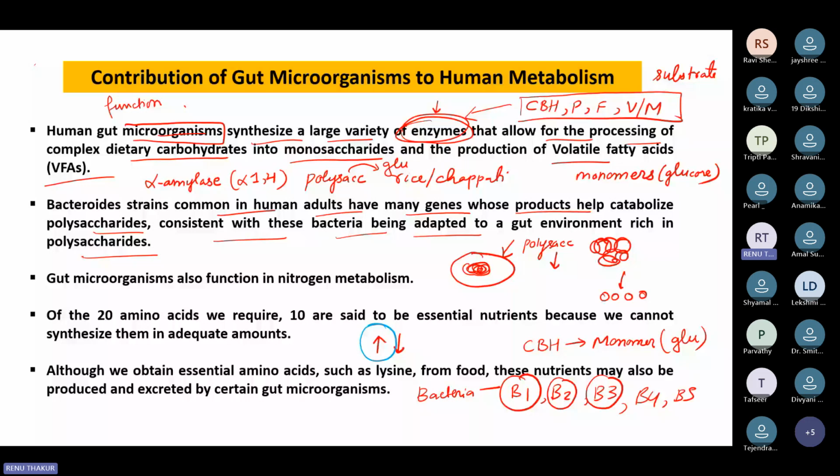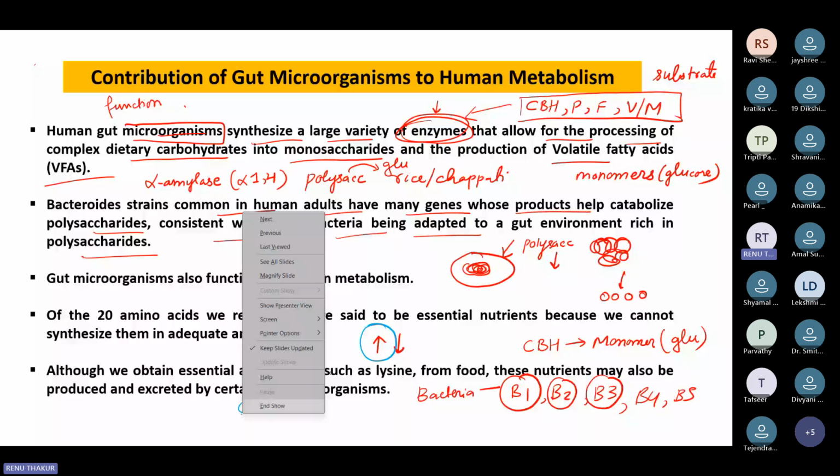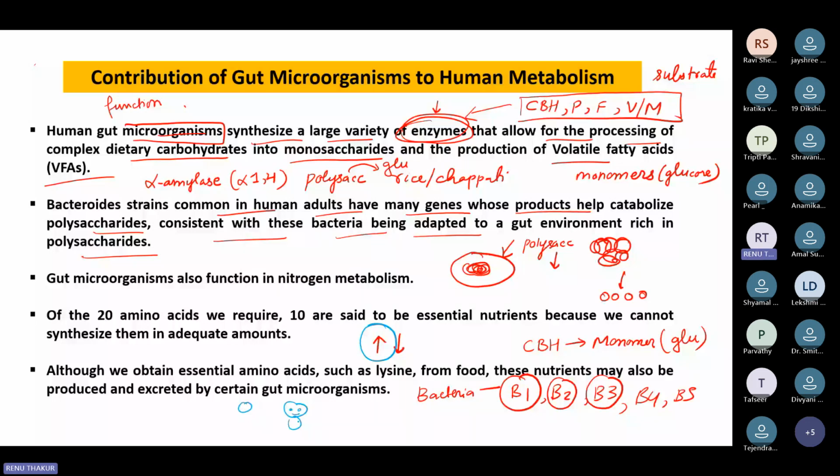Suppose there is a person, how to draw a person? Suppose this is a person and he or she is suffering from any kind of IBD, inflammatory bowel disease. So if you check the enzyme levels or the critical tools which are required for the metabolic degradation of the polysaccharide or whatever polymer you are having, it will be in very low amount.